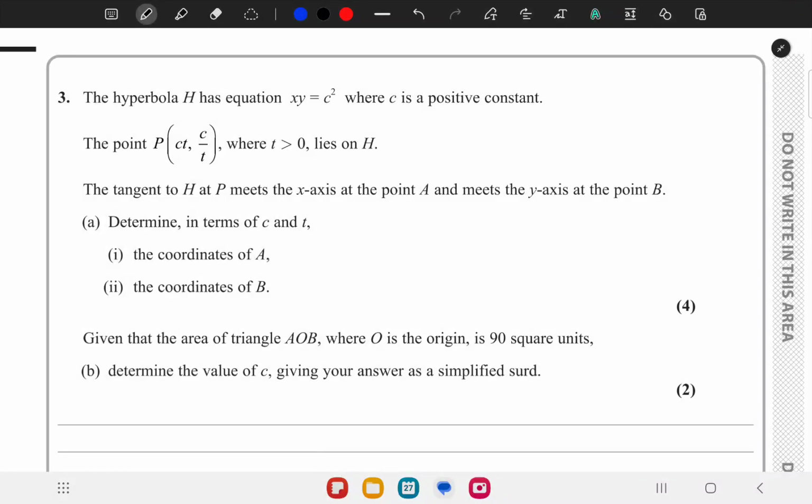Question 3 is about coordinate systems, hyperbolas in particular. We are given that the tangent to H at P meets the x-axis at the point A and the y-axis at point B. So this is a hyperbola.